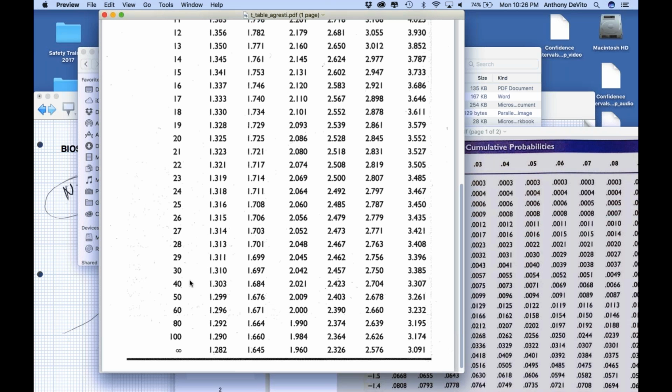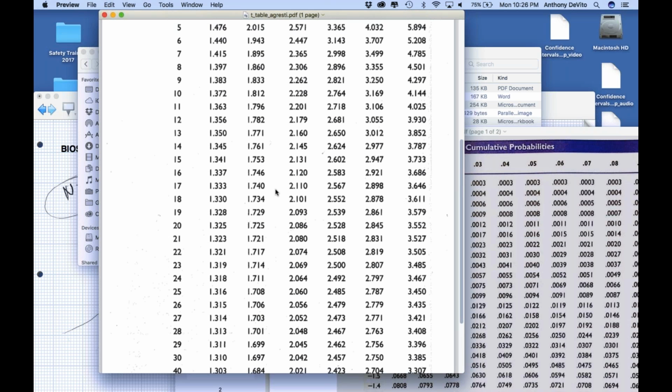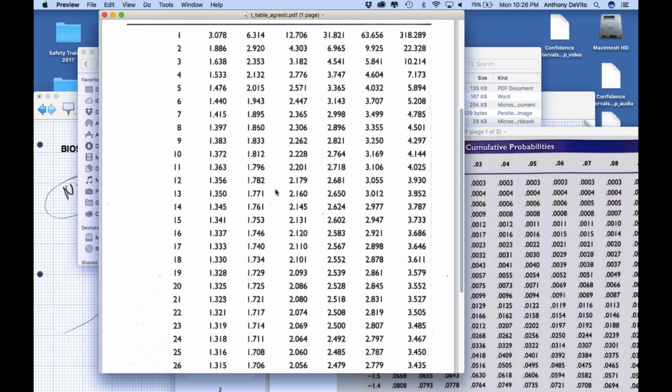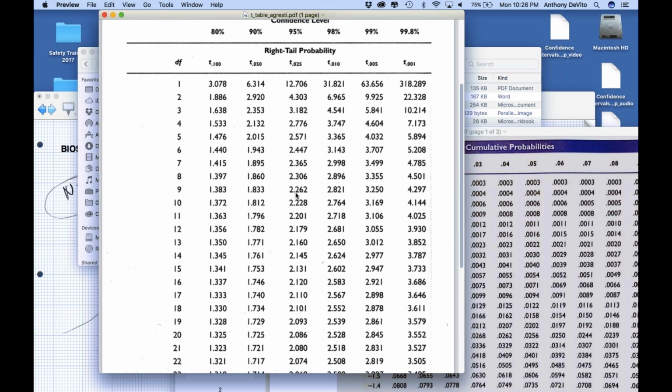But as we get into smaller and smaller sample sizes, our t distribution is less certain, and the spread of the t distribution is wider. So for a sample size of 10, we would be in this range, around here somewhere, in terms of what we should be using instead of 1.96.